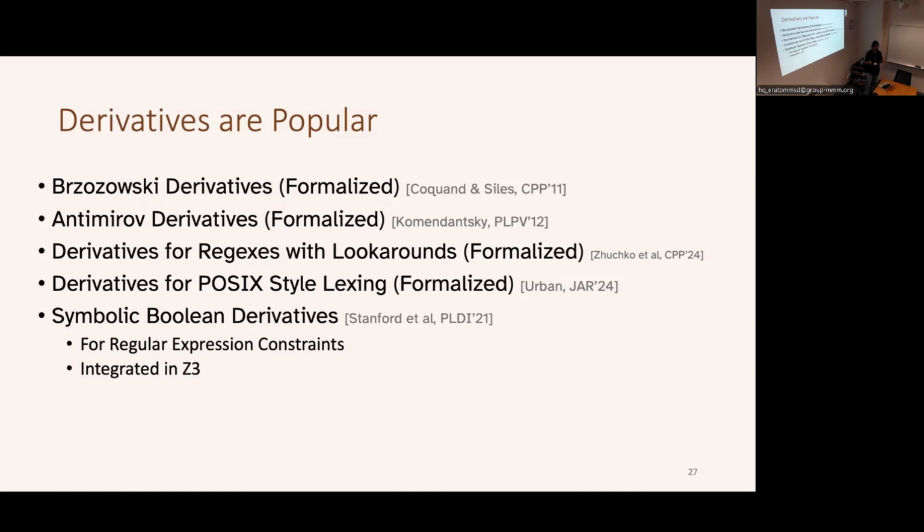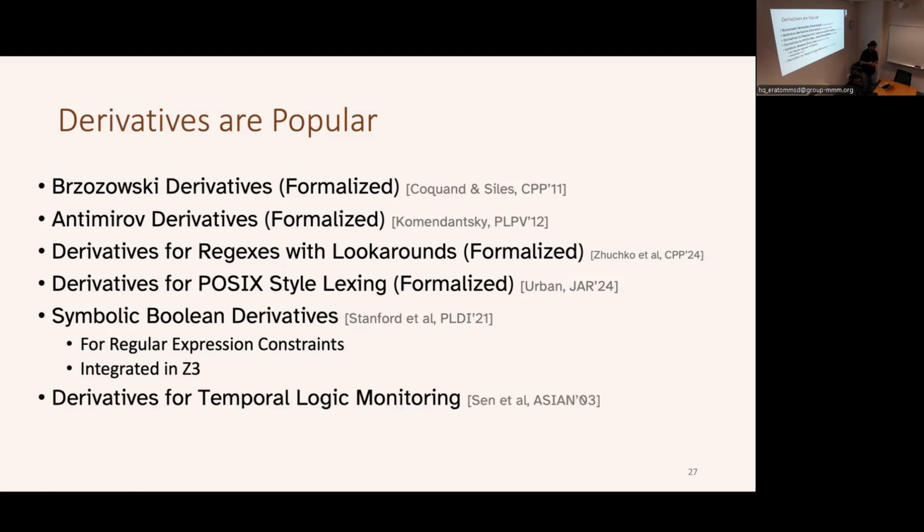So you could throw into Z3 a logical expression involving regular expressions, and ask questions like, is this language empty? Currently the way it solves these kinds of questions is using derivatives.